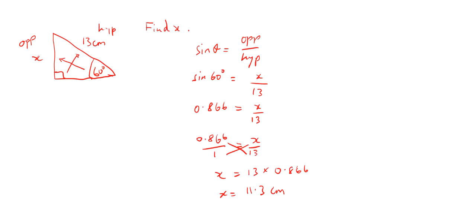Alright, so we've done the sine ratio, and we've worked out an angle, we've worked out the opposite, and we've also worked out the hypotenuse. Now let's do another example here. So we have a right angle triangle again.